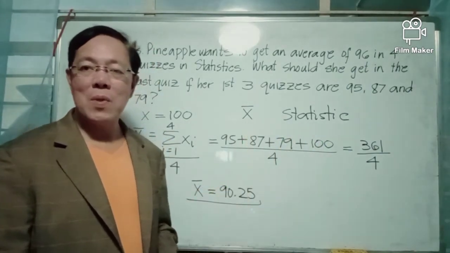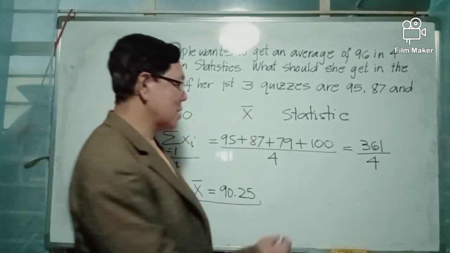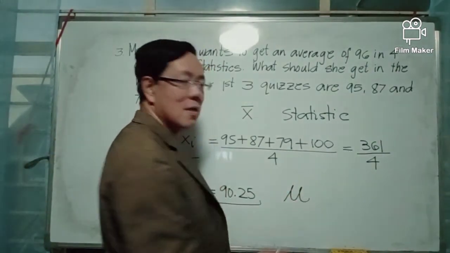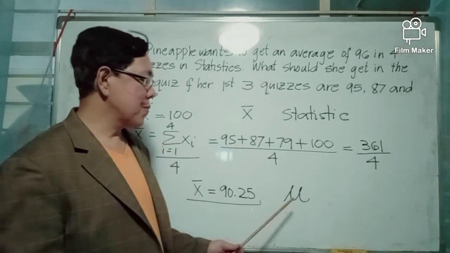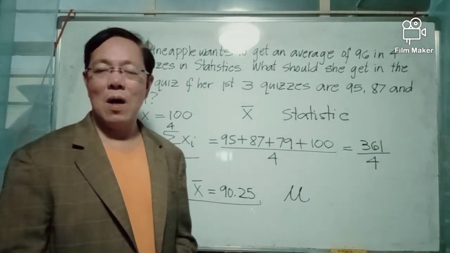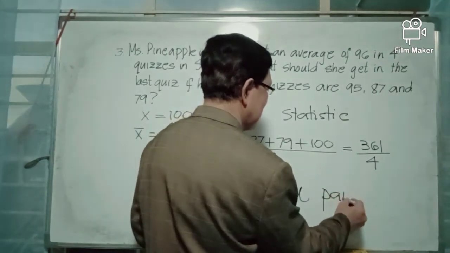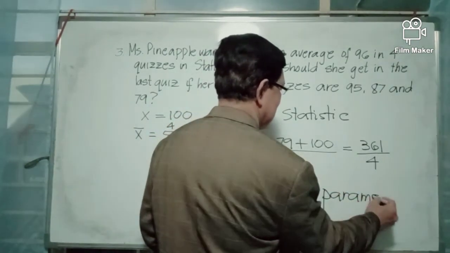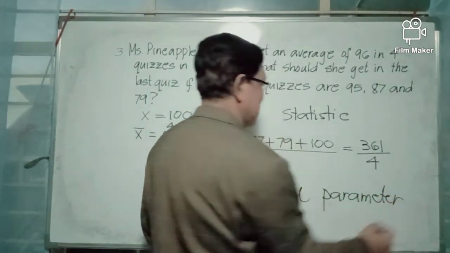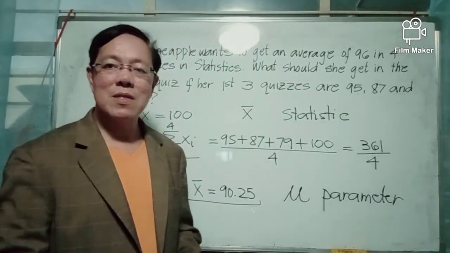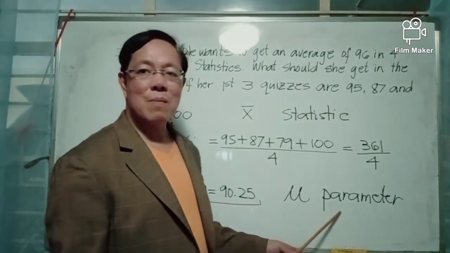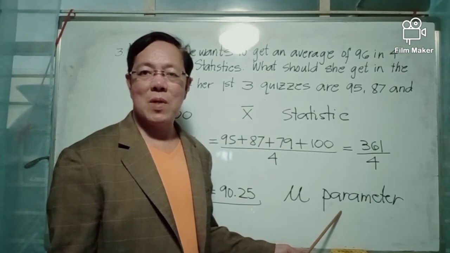Now, the population mean, which we denote by the Greek letter mu, is an example of a parameter. A parameter is a numerical value that describes a population.